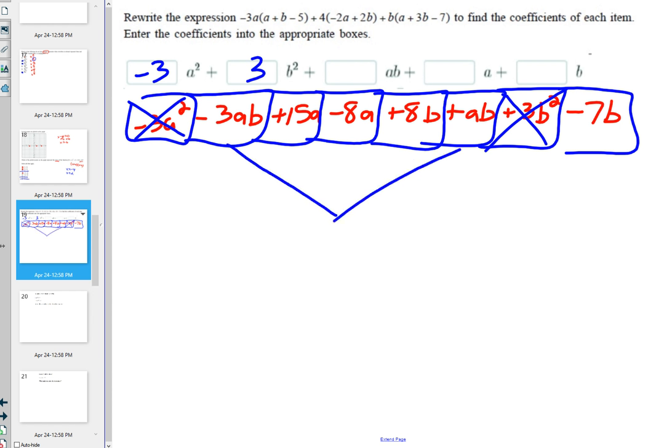Negative 3 and positive 1 is negative 2. For the a's, I have 15 minus 8, which is 7. And then for the b's, 8 minus 7 is 1. Those would have been the 5 numbers you picked.